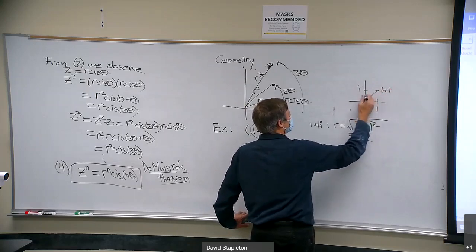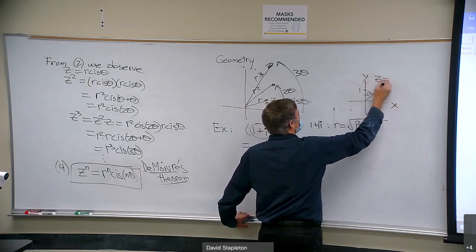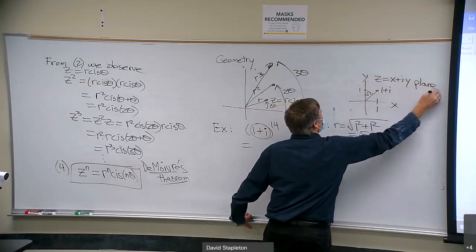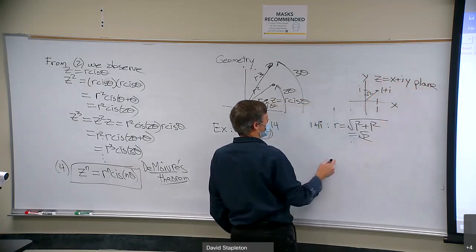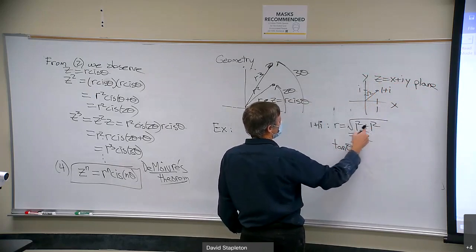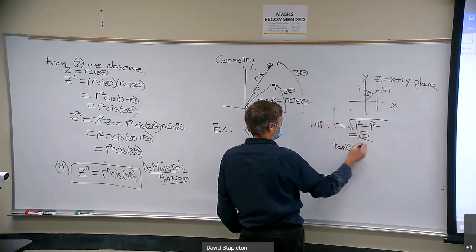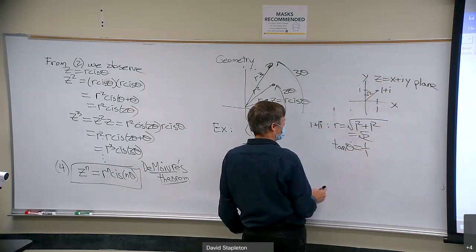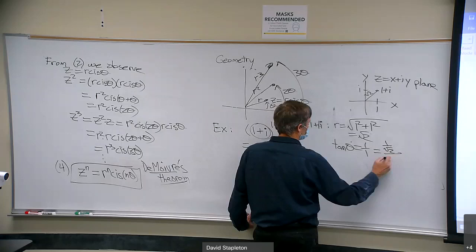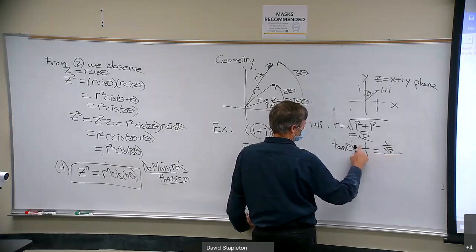It is square root 2 units from the origin in the complex plane. And now what's its angle? You can probably figure it by looking. Tangent theta is 1 over 1, y over x, which you can convert to 1 over square root 2 over 1 over square root 2 by dividing by the square root of 1 squared plus 1 squared.